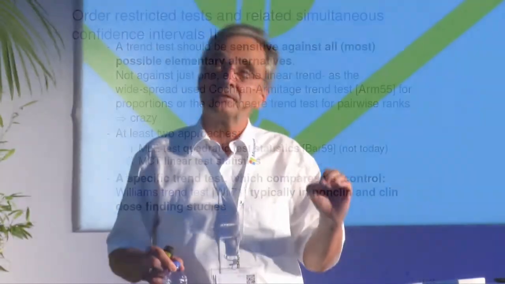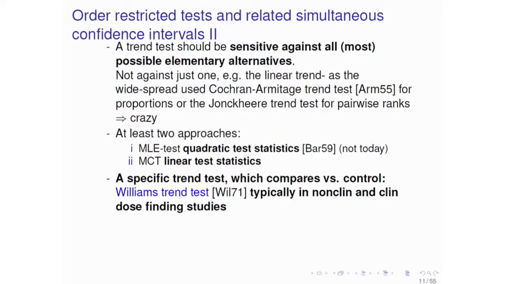These trend tests are formulated, even in the title of Armitage's paper in 1955, for a linear trend. They are only sensitive for near-linear alternatives. That's crazy. We are not looking only for a near-linear alternative. We are looking for a lot of monotone alternatives. Therefore, the most used tests in practice are, for most situations, wrongly classified, wrongly defined.